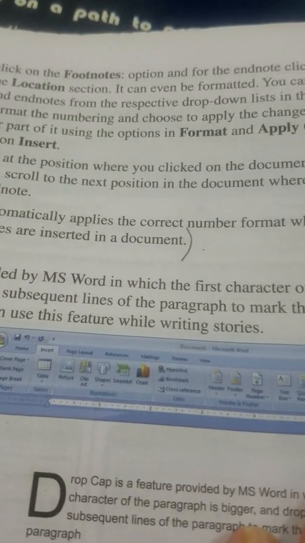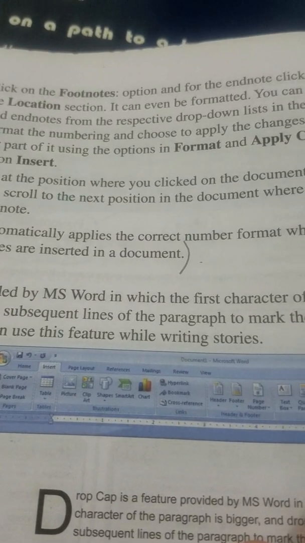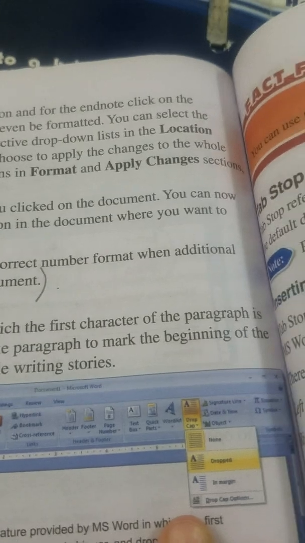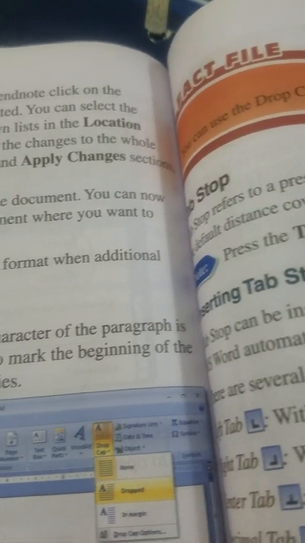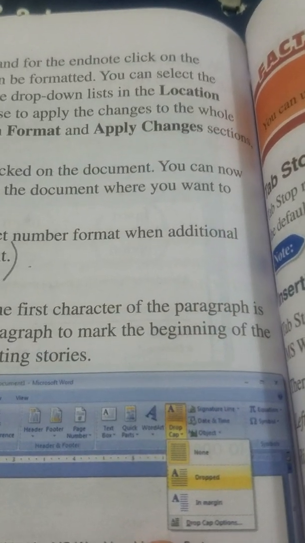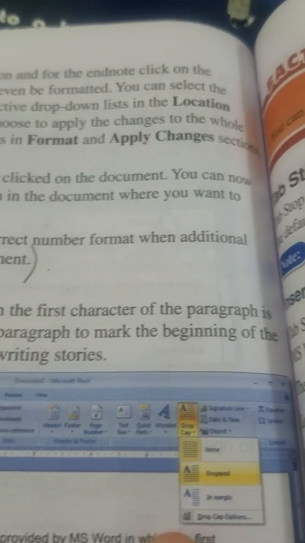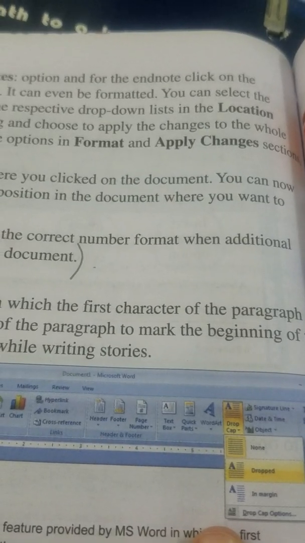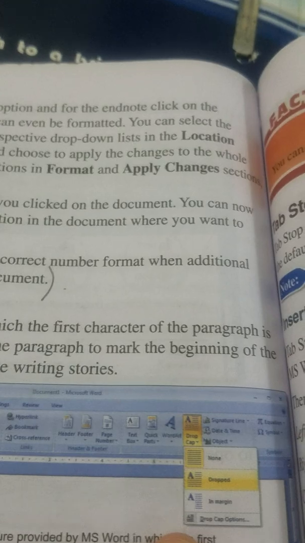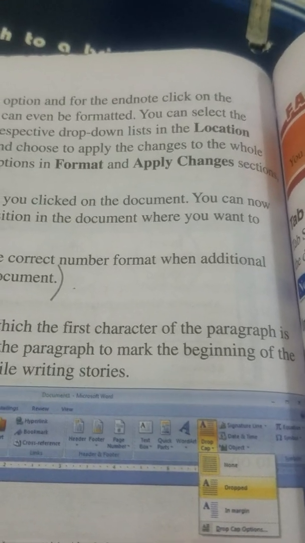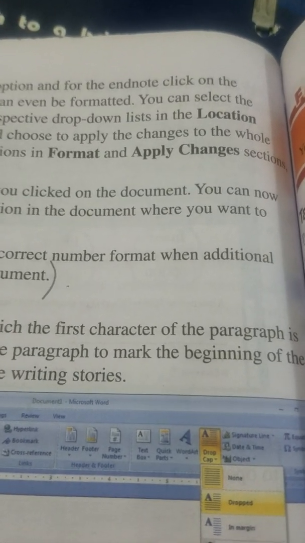Note: MS Word 2007 automatically applies the correct number format when footnotes or endnotes are inserted in a document. If you have applied more than one footnote or endnote, MS Word automatically inserts them in the document.